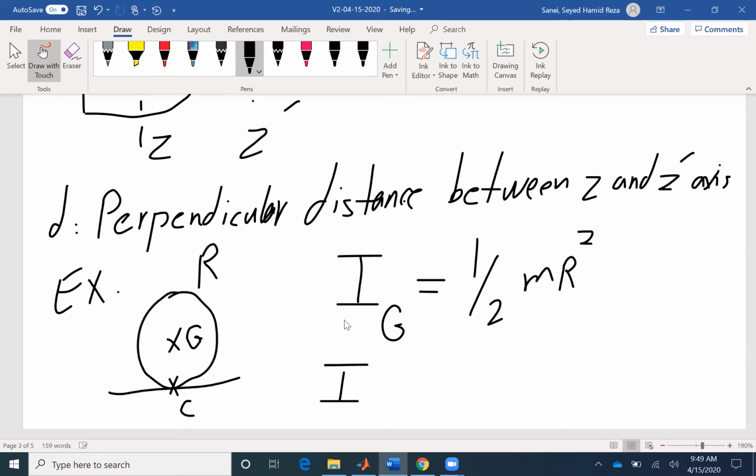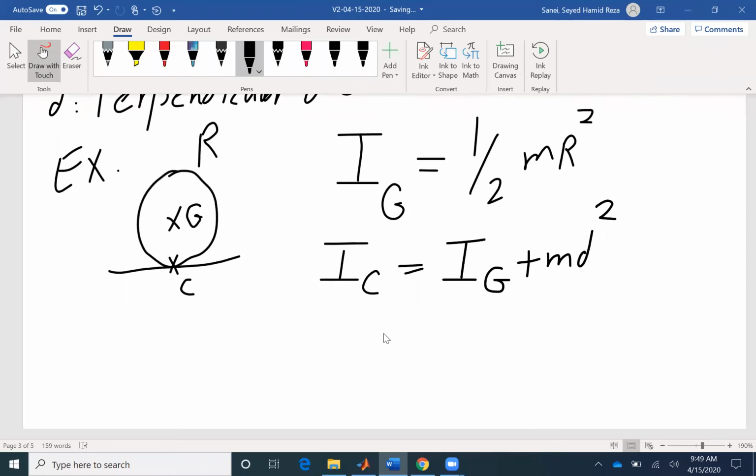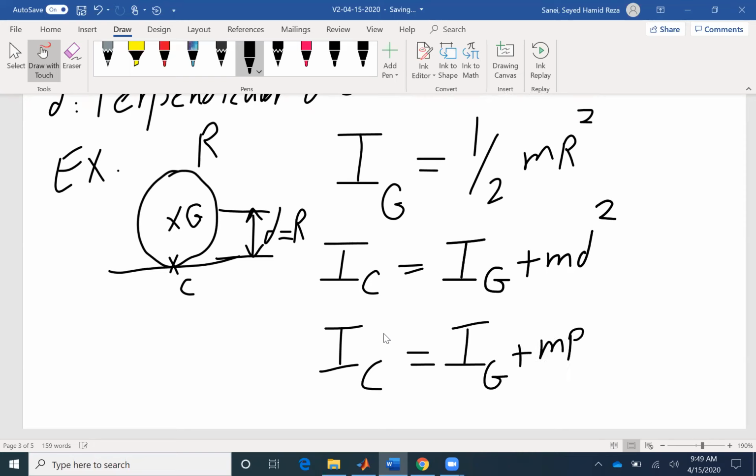If you want to find IC, it is IG plus m d squared. What is d here for us? The distance between the two, the parallel distance. d here is r. So I can write IC equals IG plus m r squared, and IG is half m r squared. So at the end I have 3/2 m r squared.